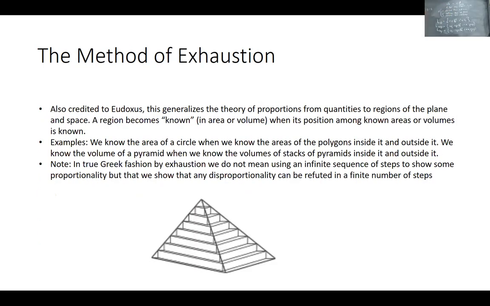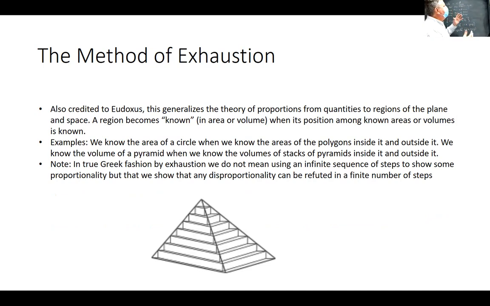The other thing is the method of exhaustion. This is also credited to Eudoxus, and it's like a generalization of the theory of proportions. It goes from quantities, instead of talking about numbers, now you're talking about lengths, regions, areas or volumes.